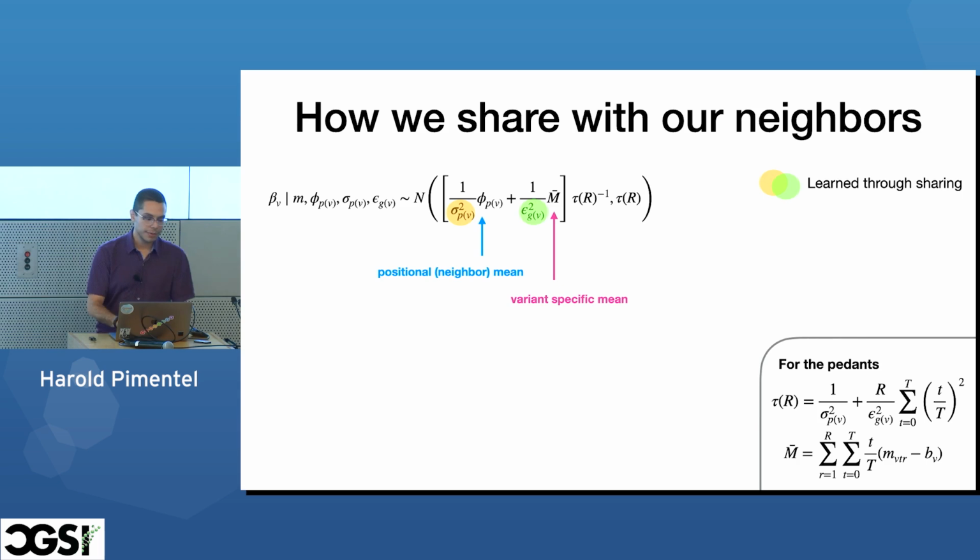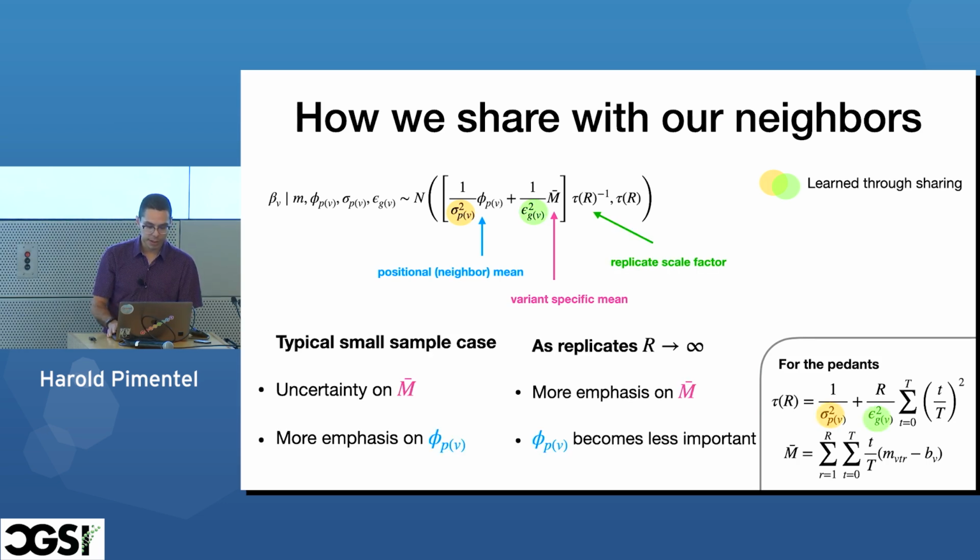So if at a specific position you have very little variance, that is, if no matter what you knock out with, it will always screw up the protein, then you're going to weigh the position more than you're going to weigh the data. It's just how it works. Okay, I'm not going to spend too much time talking about this, because we're running later than I expected, actually. But okay, all right.